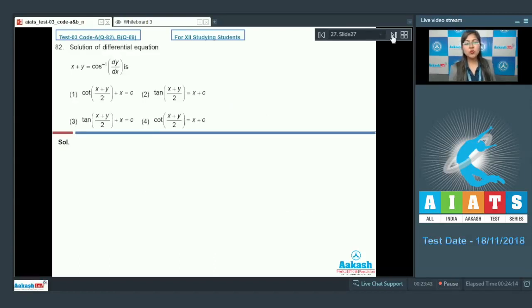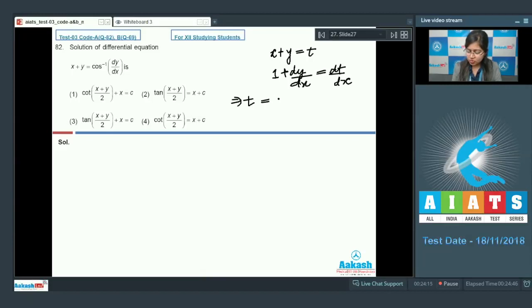Next is question number 82, which says that the solution of differential equation cos(x + y) = dy/dx is. Now to solve this differential equation, we know that we have to solve it by substitution method. That is, let us assume x + y = t. So differentiating it with respect to x, I get 1 + dy/dx = dt/dx, right? So writing x + y as t, cos t = dy/dx, that is dt/dx - 1.